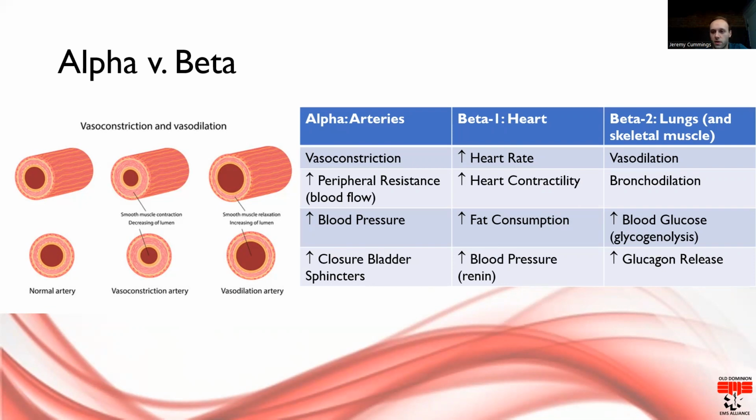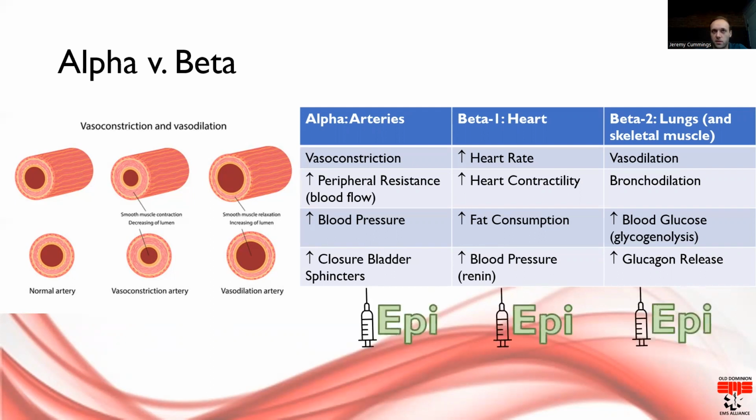They also dilate the vessels of the skeletal muscles so they can receive the increased blood produced by stimulating the alpha and beta-1 receptors. Okay, so we're going to see alpha, beta-1, and beta-2 effects all with epi, and norepi is only going to have the alpha effects.